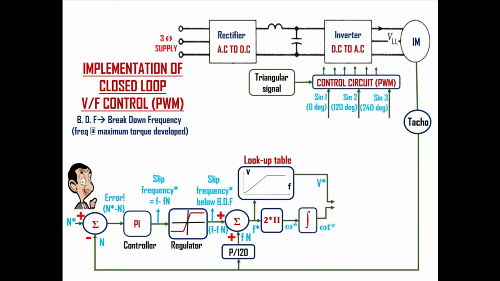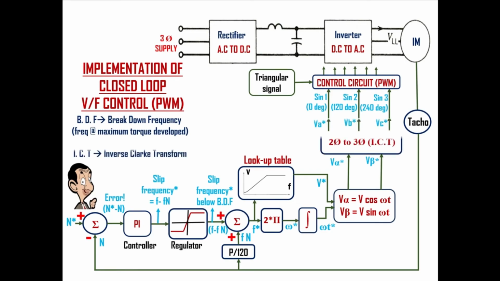With this desired voltage V star and angle omega t star, we can get 3 sinusoidal signals for the PWM control circuit. To avoid confusion, first convert that into 2 sinusoidal signals V alpha and V beta, which will have a 90-degree phase shift. Then the desired two-phase V alpha star and V beta star are converted into 3-phase V A star, V B star and V C star using inverse Clarke transformation.